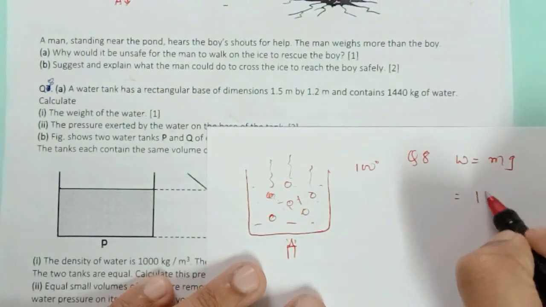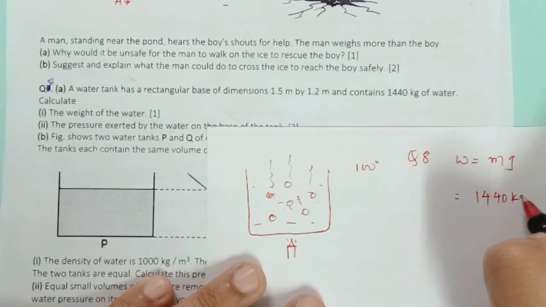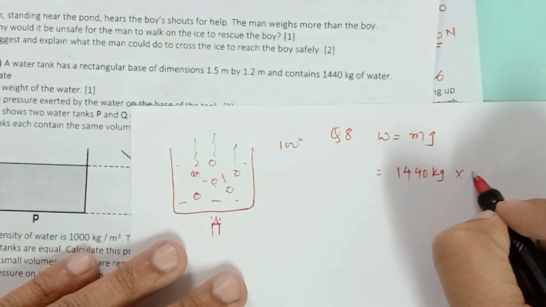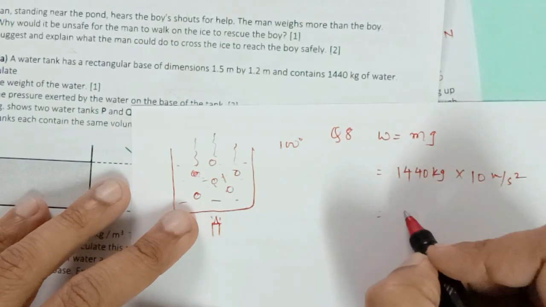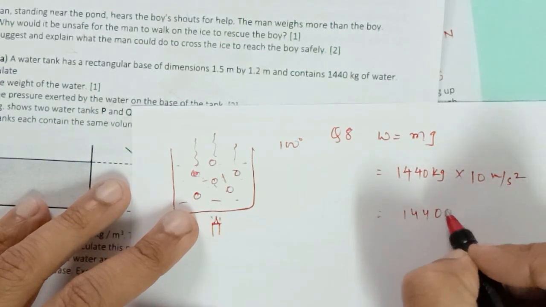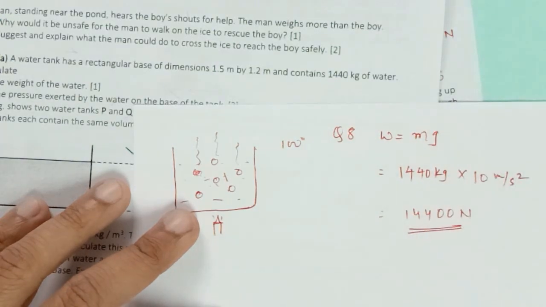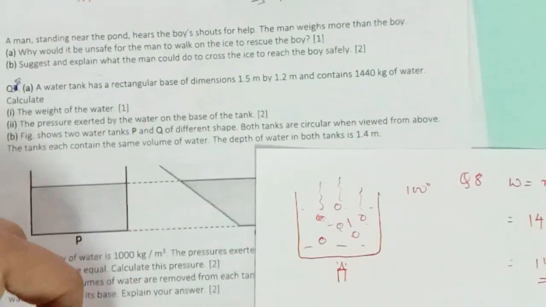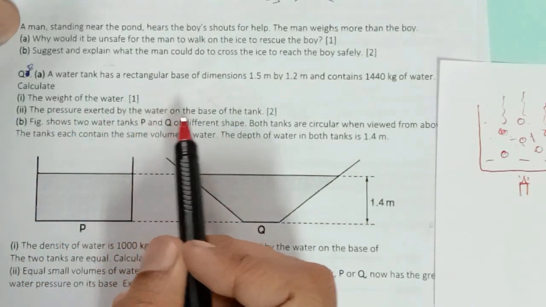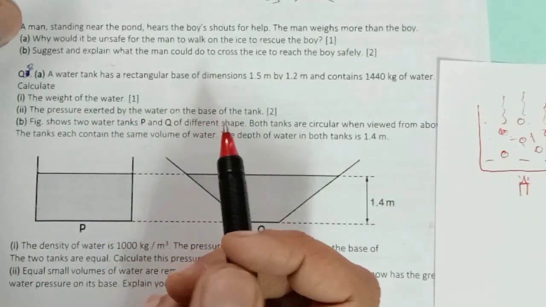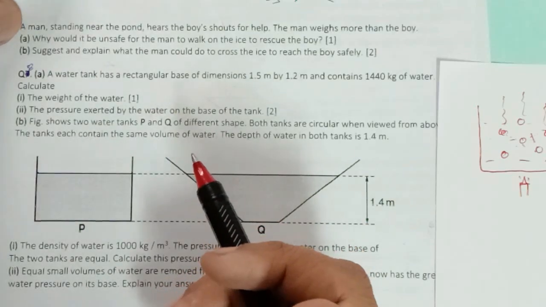So it is 1440 kg into g. If it is not given, I am going to take this as 10 meter per second square. So 14400 Newton is the answer. So the weight is found. Now they are asking the pressure exerted by the water at the base of the tank. We know that pressure exerted is equal to H rho g, or you can also use force upon area.